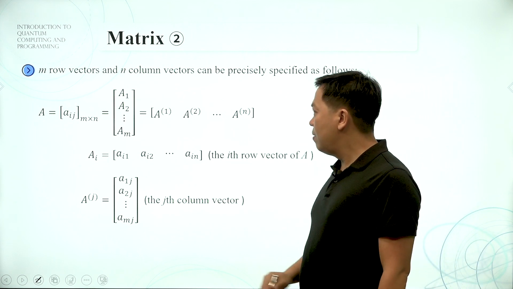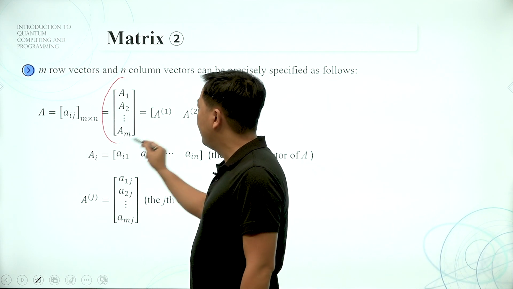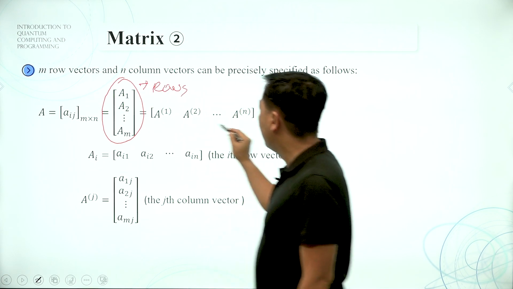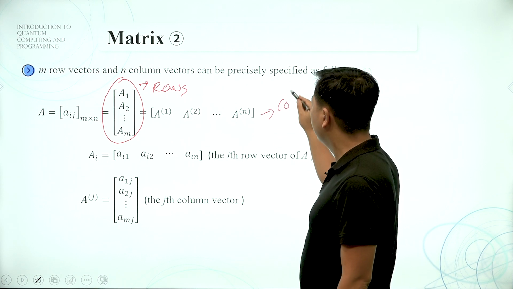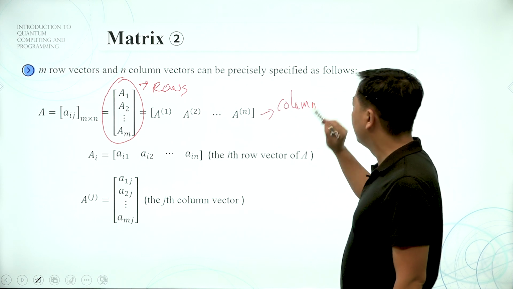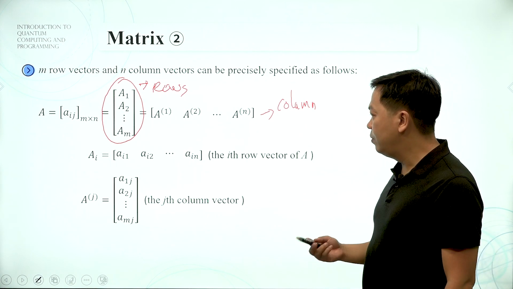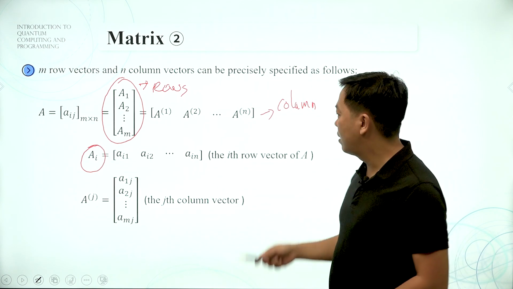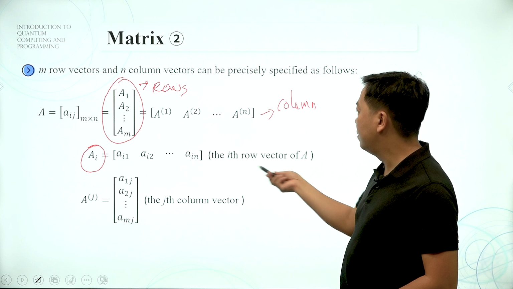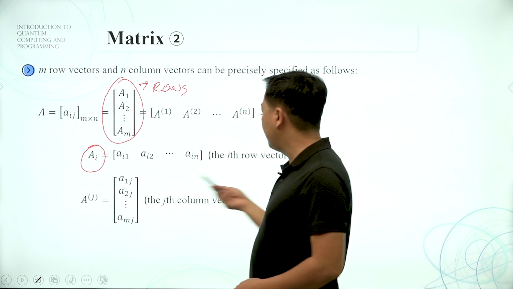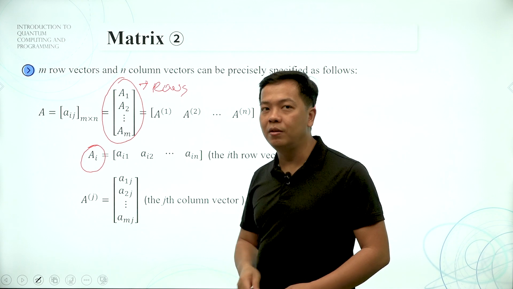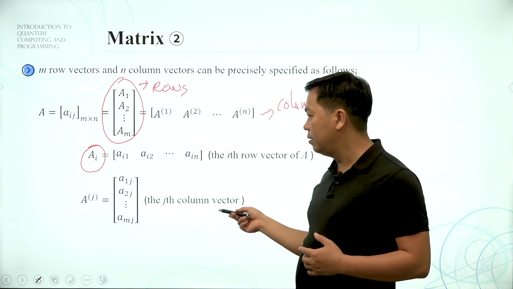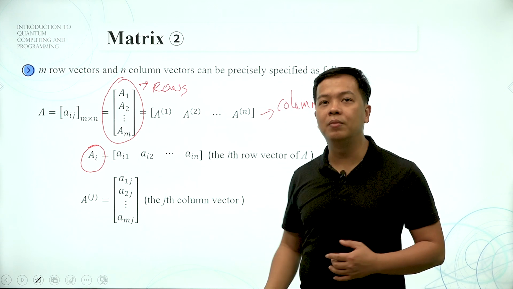If we represent a row, it has one row and n columns. If we represent a column, it has only one column but n rows.